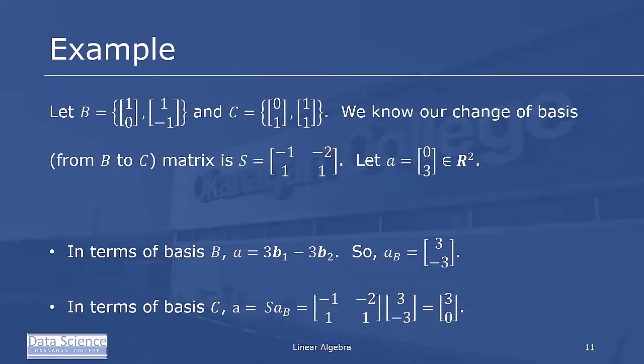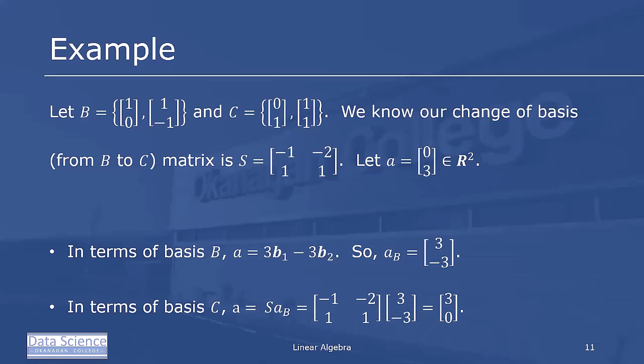So building on that example, we'll let B be the basis (1, 0), (1, -1), and C be the basis (0, 1), (1, 1). We found our change of basis matrix S, (-1, -2), (1, 1). And we'll take a vector A, (0, 3), in R2 in our standard basis.